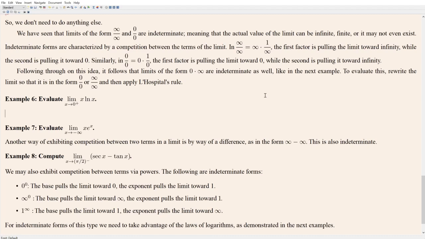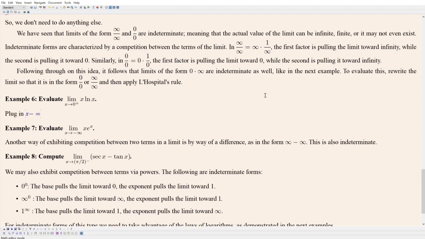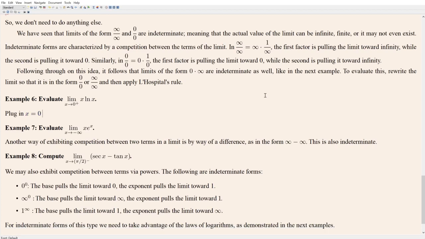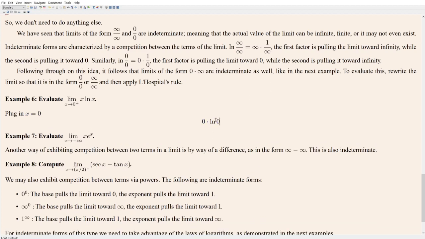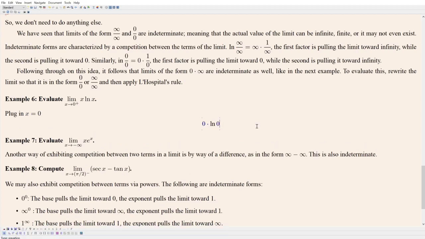So first off, for this one, let's plug in x equals 0 to see what happens. Well, we get 0 times log of 0. And remember, the limit as log approaches 0 is negative infinity. So this is 0 times negative infinity.